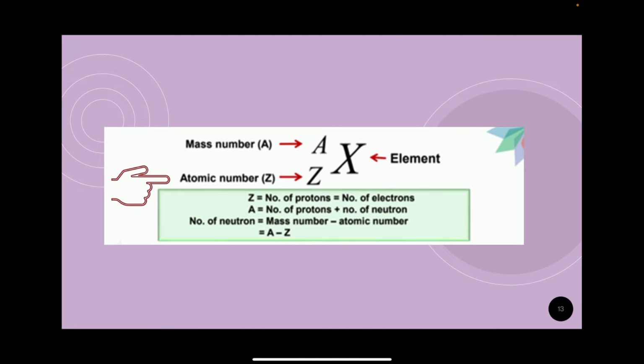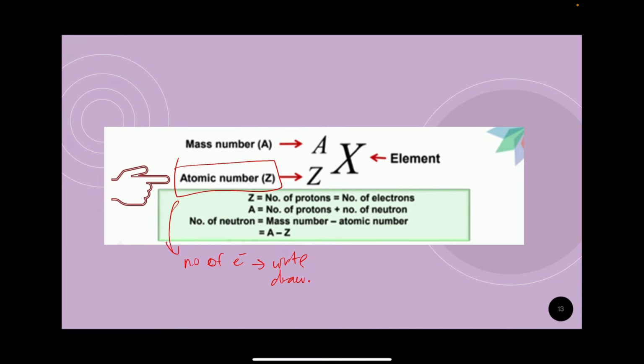So for the electron configuration, the thing that is really important is the atomic number, because the atomic number gives you the number of electrons.